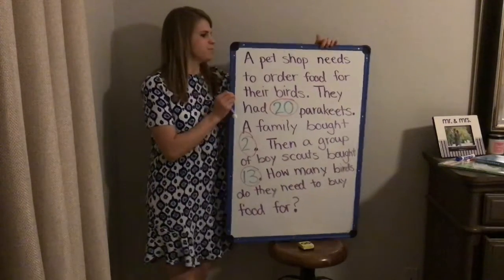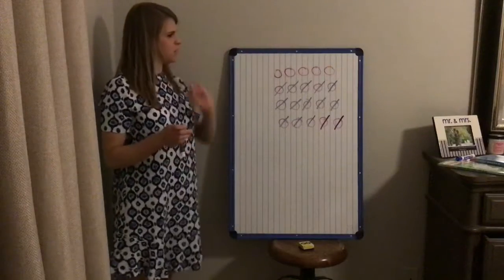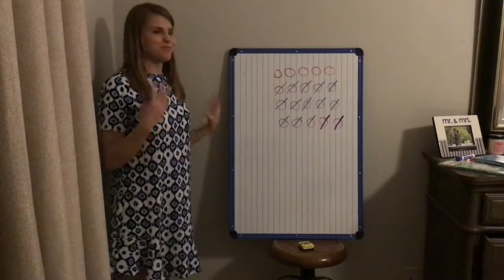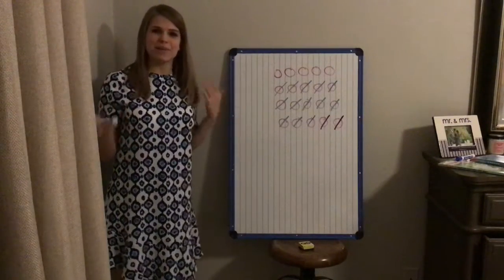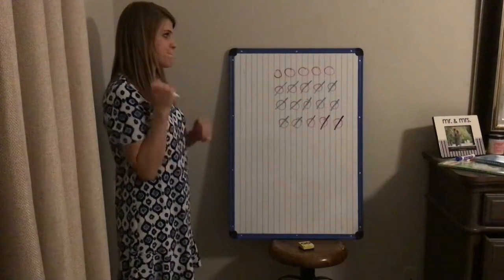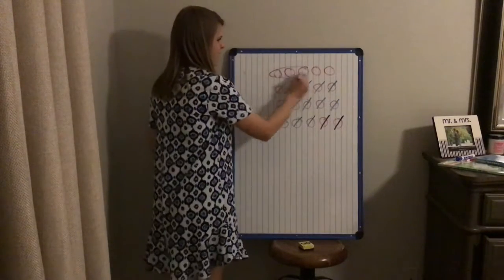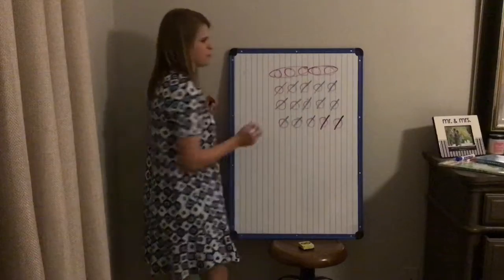So let's see. How many birds are left? How many birds do they need to order food for? You ready? Let's see. You know what I did? I saw a group of 3 and I saw a group of 2.